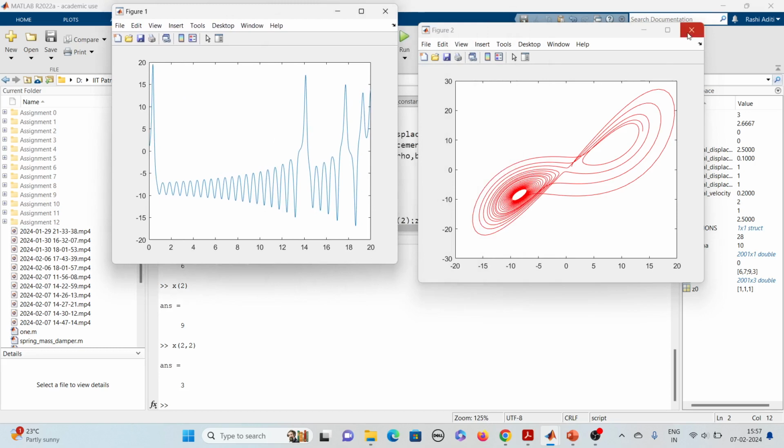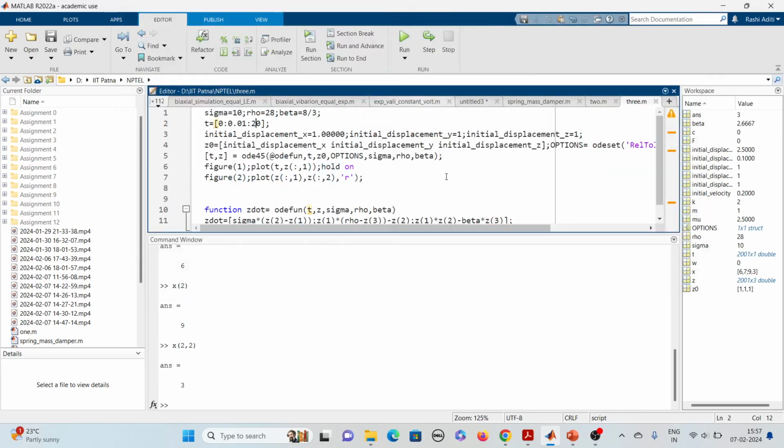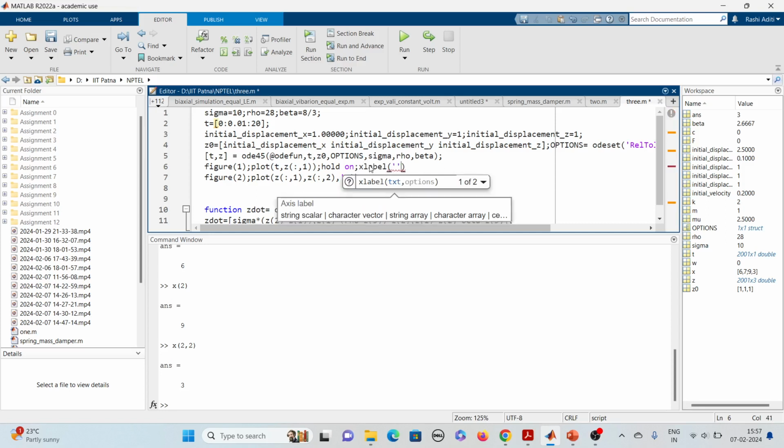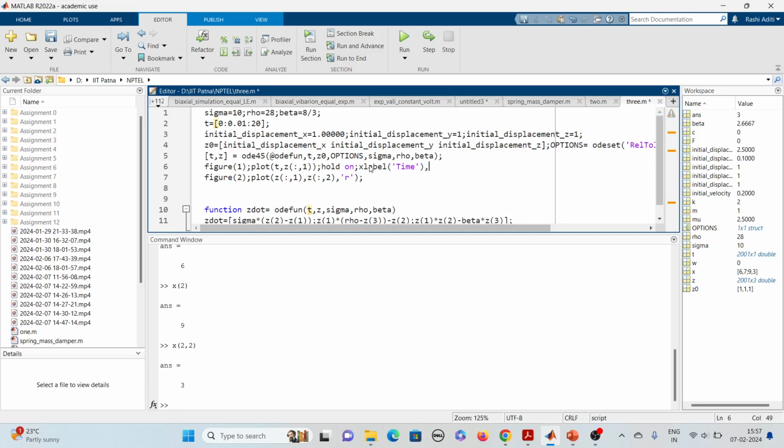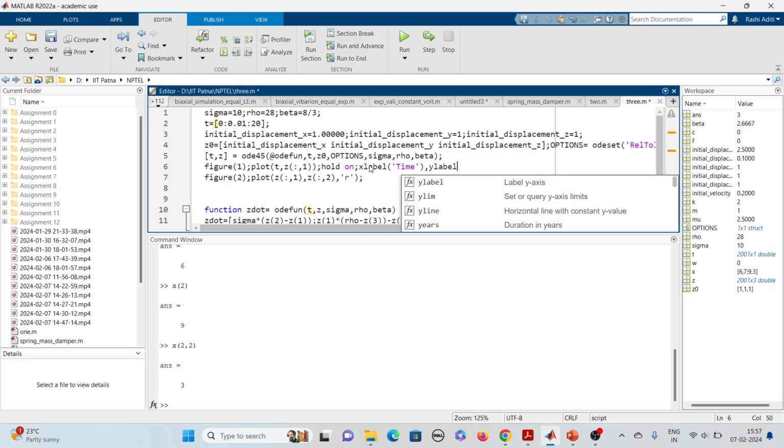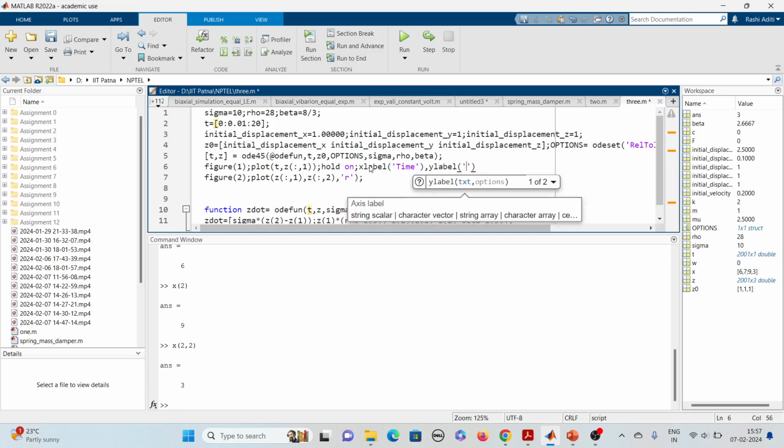Okay, wait, I'll mark the labels so that it will be easier to understand. Let me give the X label. The xlabel and ylabel commands are essentially used to name the abscissa and ordinate, right?